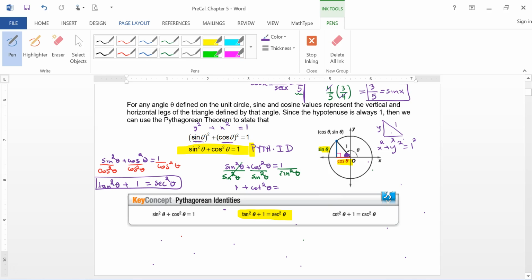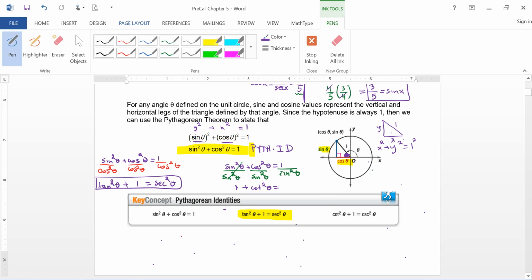It's always 90 minus this one. That's a cool little cofunction identity. That's what all this means. And you can do the same thing with pi's, except instead of 90, it's pi over 2.